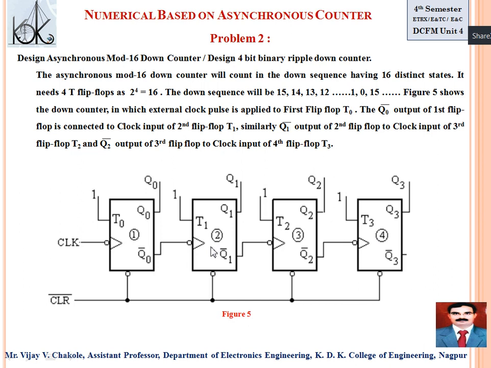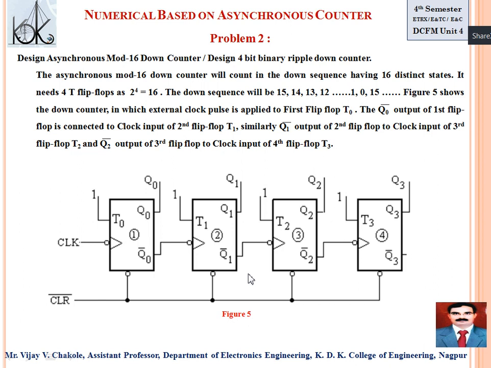Now see, the Q0 bar output of the first flip-flop is connected to the input of flip-flop T1 or flip-flop 2, similarly in this way. Previously we have seen that with negative edge triggering, output taken from Q and cascade from Q, that time we got an up sequence, but here we want a down sequence.